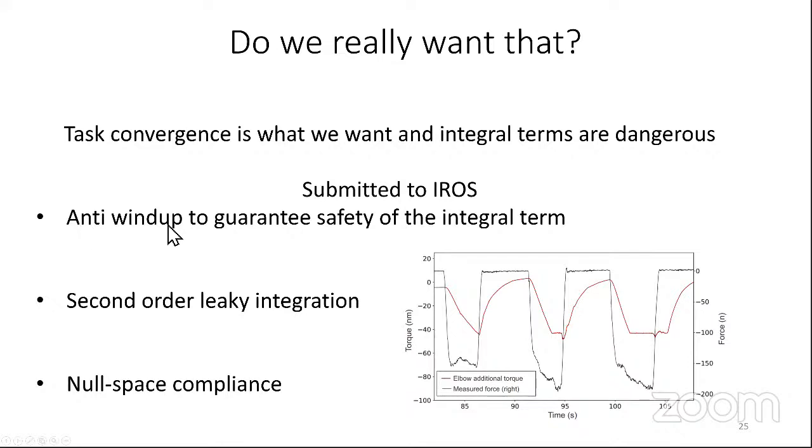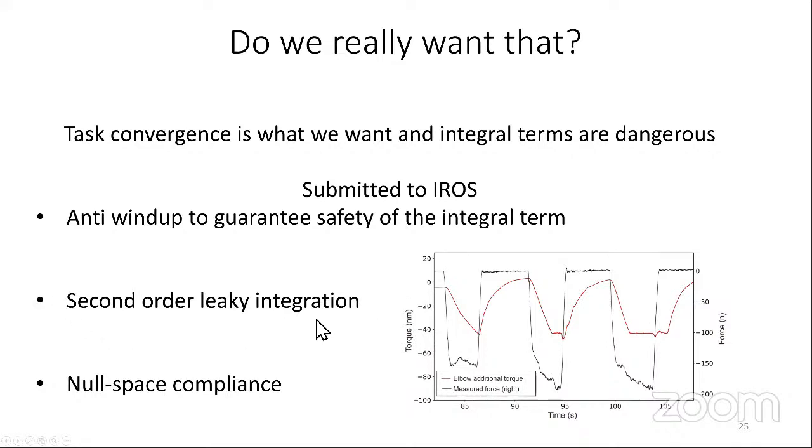some anti-windup that is based on a QP that guarantees that the integral term will never exceed the given values, and it does it in an optimal way. So it only reduces the torque that is exceeding the value, but doesn't decrease the performance of other components of the motion.